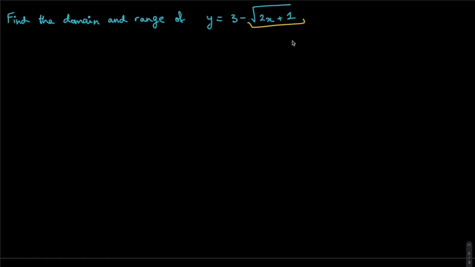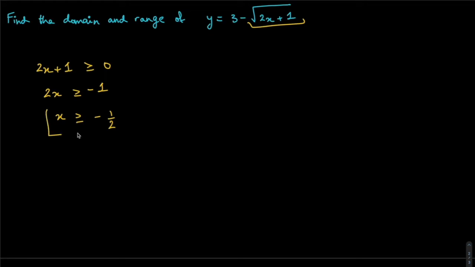We have to make sure the square root is defined every single time, so whatever is inside the square root must be non-negative. So 2x plus 1 must be greater than or equal to 0 at all costs. If that is the case, x will be greater than or equal to negative half.